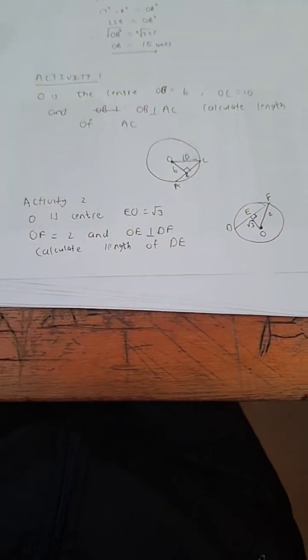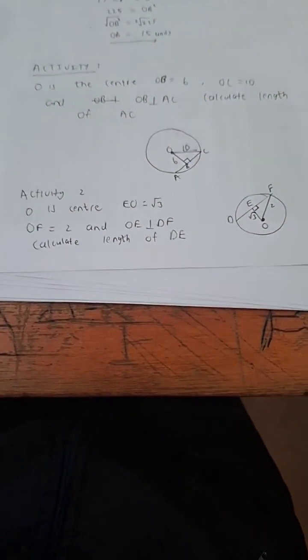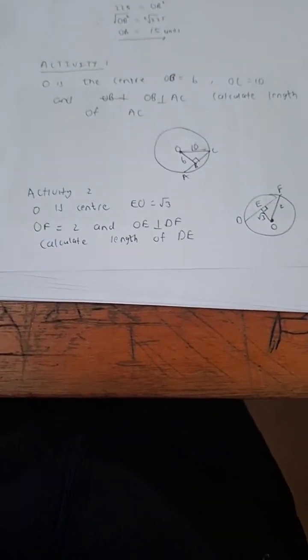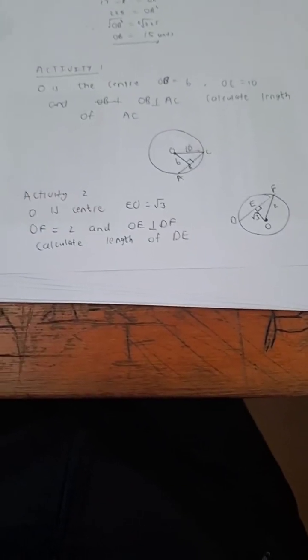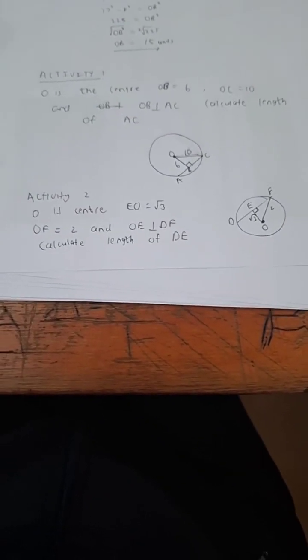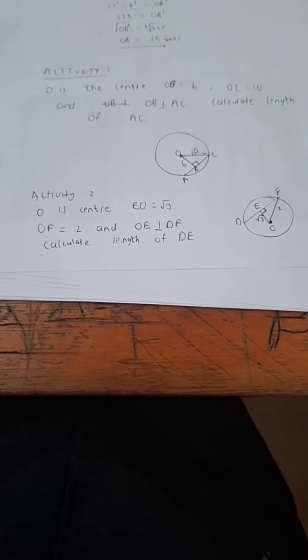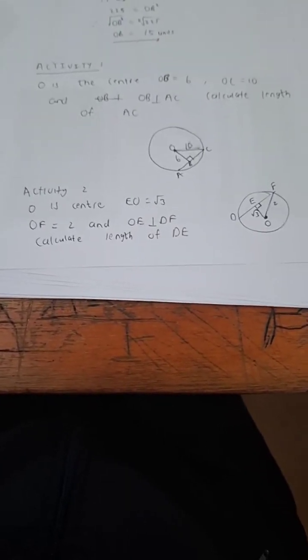Someone else will say AB is equal to BC, but they will forget to write the fact that a line from the center perpendicular to the chord bisects it. They get the right answer, but then they forget the statement with its appropriate reason.